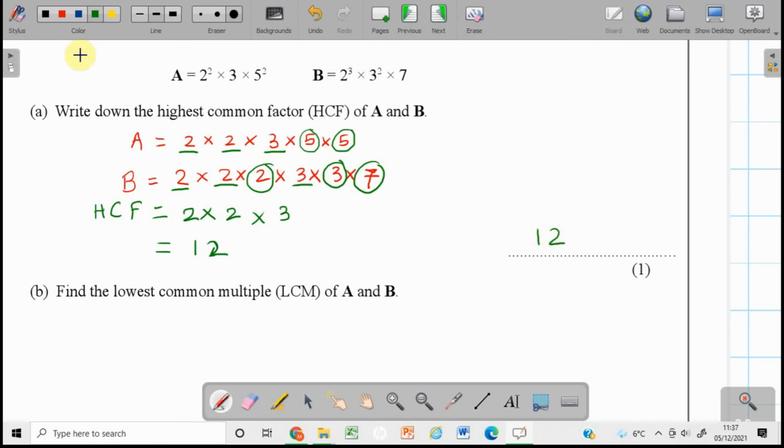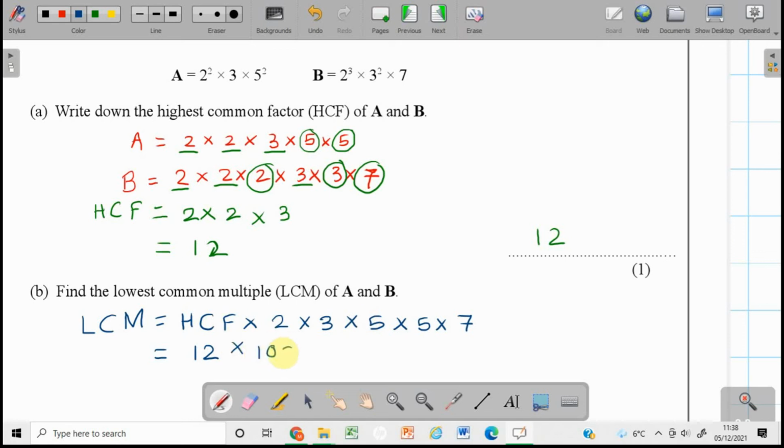To find the lowest common multiple, I'm going to take my highest common factor and multiply by the circled numbers which have not been used. So 2 times 3 times 5 times 5 times 7. So my highest common factor was 12. And then 2 times 3 is 6. 6 times 5 is 30. 30 times 5 is 150, and that times 7, 150 times 7, 1050.